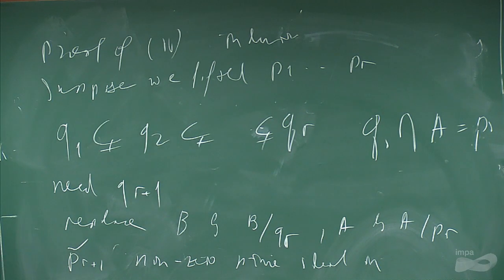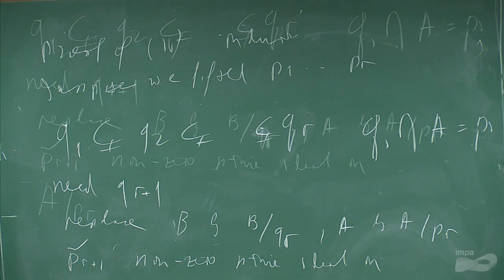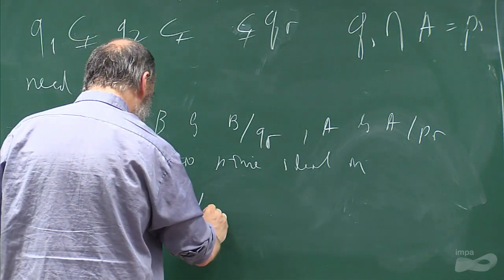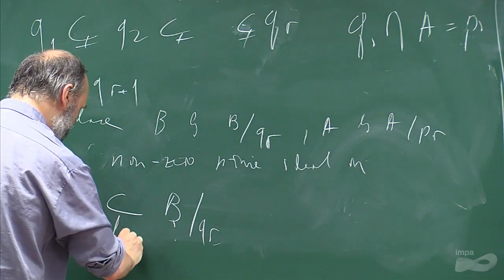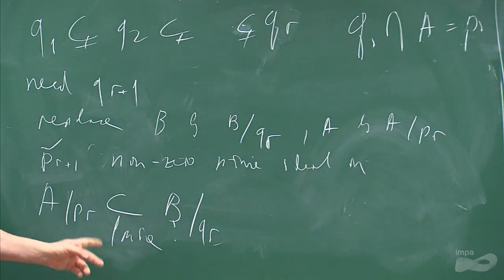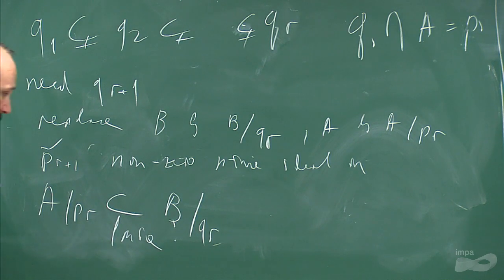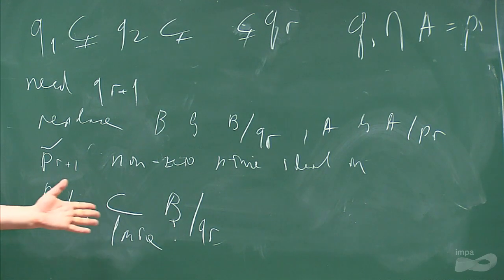This is the image of our Pr plus 1, which is contained in B quotient by Qr, and this is finite. To see that it is finite, you just realize that it has the same generators here and there. Good. It can be lifted.